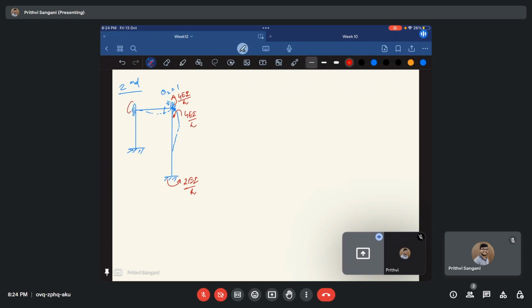All right, and because of this you'll have a carryover, right? If it is 4 EI, it is 2 EI by H. Do we have any moments coming here? No, because it's fixed. All the moments have been taken by the joint B itself. Okay.